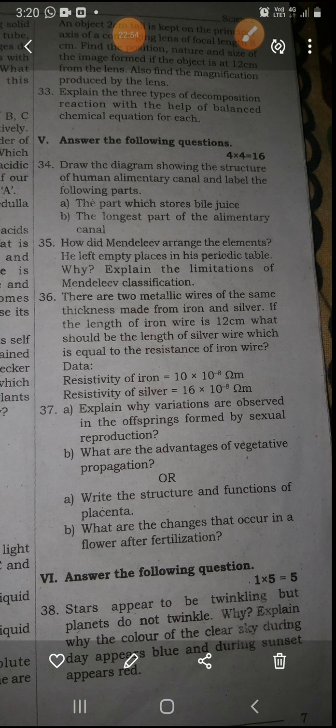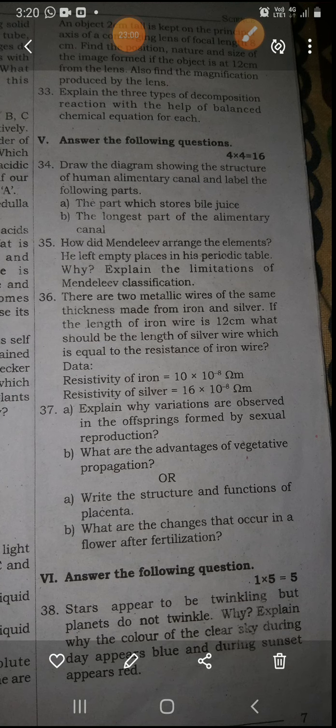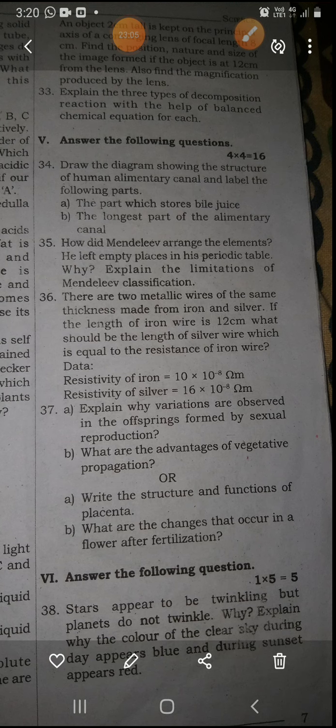These are the isotopes. As one more example, carbon has C11, C12, C13, C14, which are carbon isotopes that were not arranged properly in the periodic table.